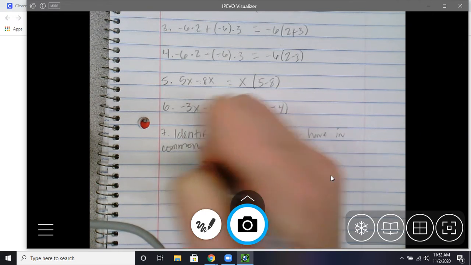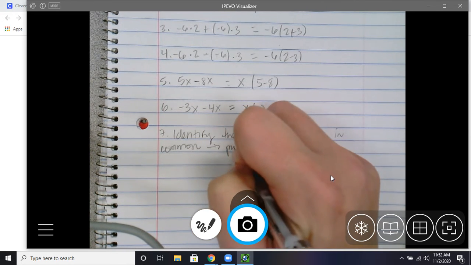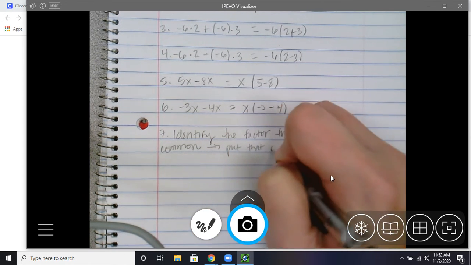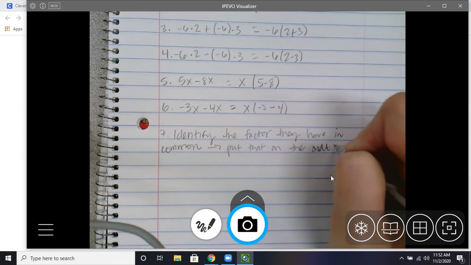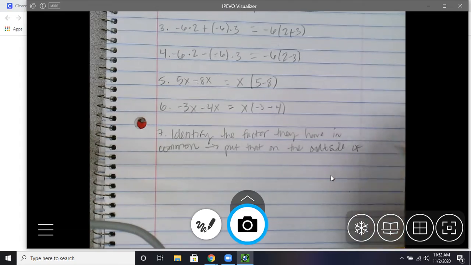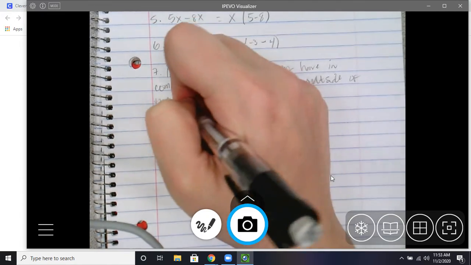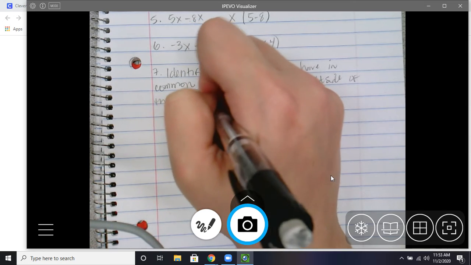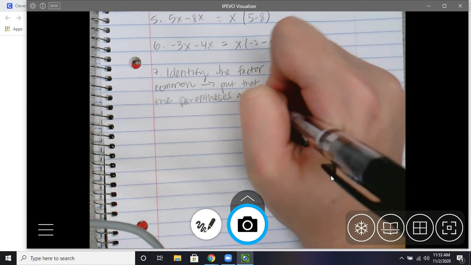And then you put that on the outside of the parentheses or brackets.